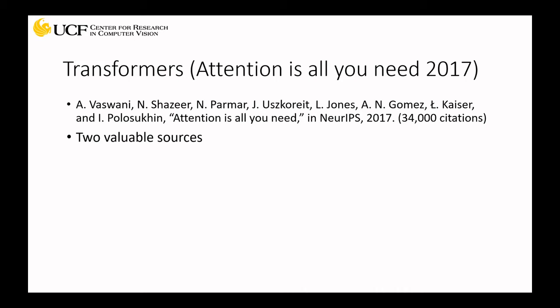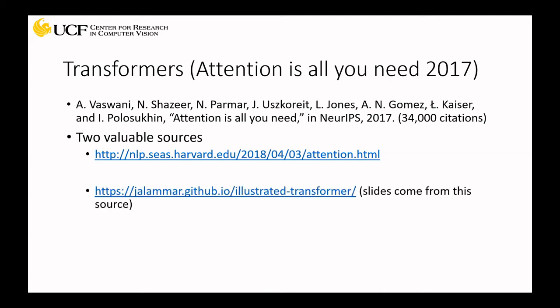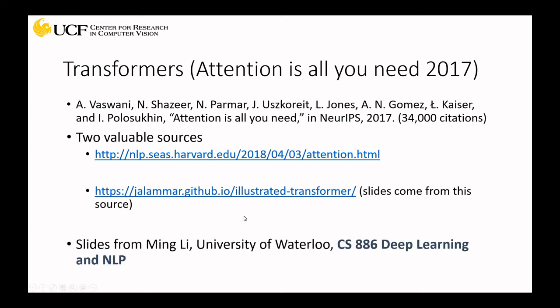For the rest of the presentation, I'm going to use these 2 valuable resources for understanding the transformer, especially this nice blog. And there's also a presentation from this professor. He used this one to get the slides, and they're very nice slides, so I'm going to use those.